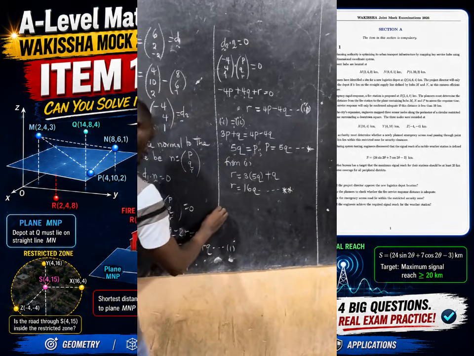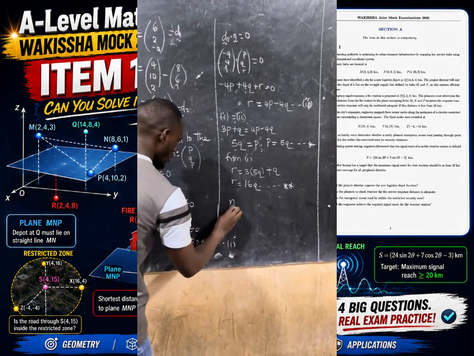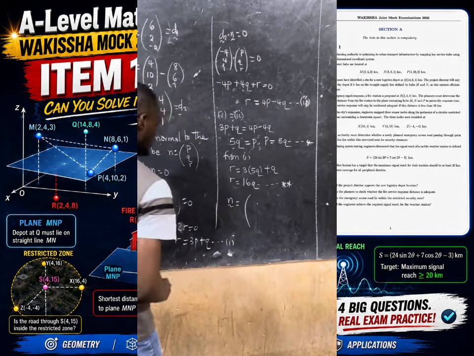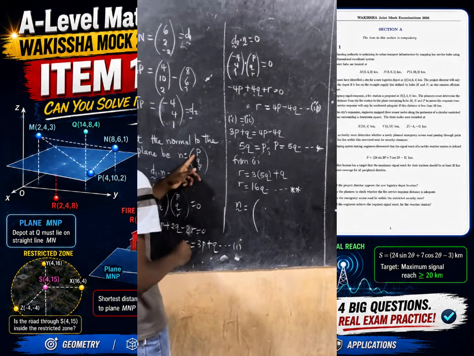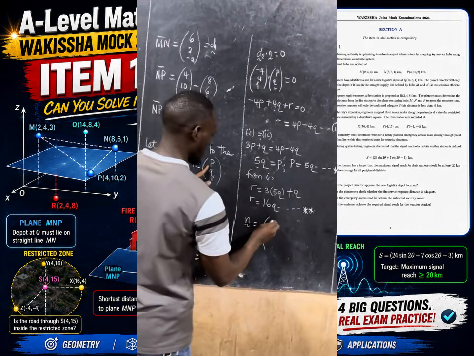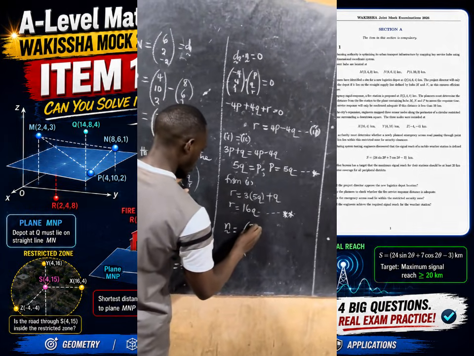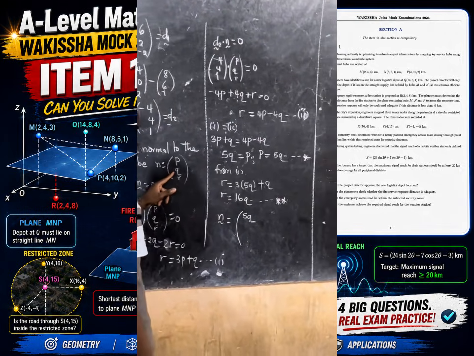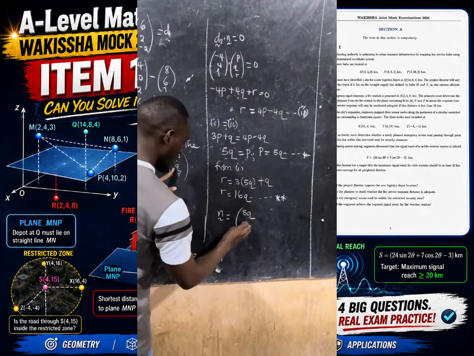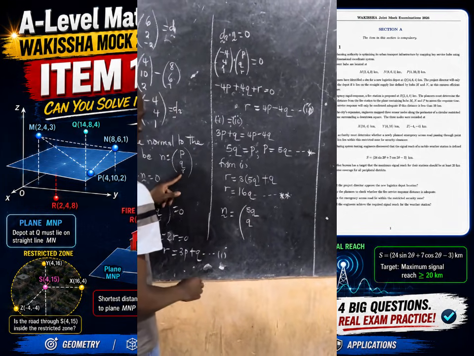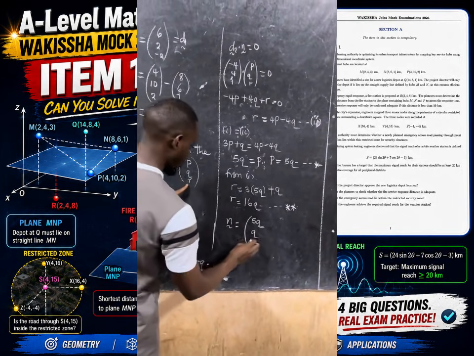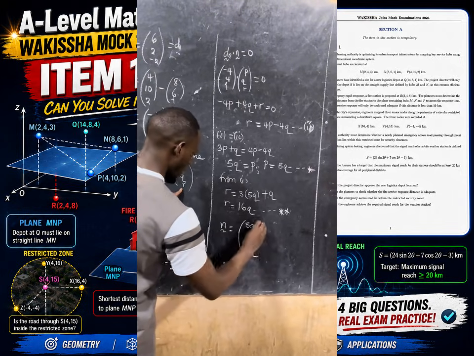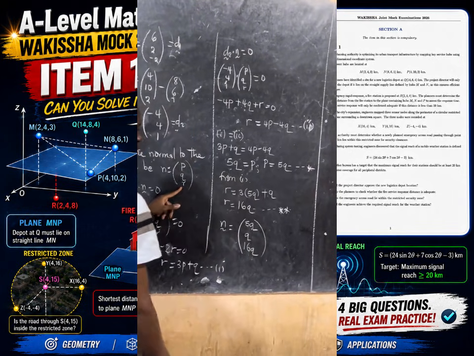So the would-be normal is P, Q, R. We said P is 5Q, so I take the 5Q first. Then since we are in Q, I'll just take the Q. Then R is 16Q. My goal is to have a Q throughout.